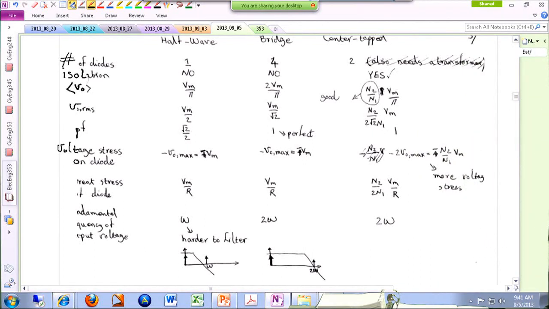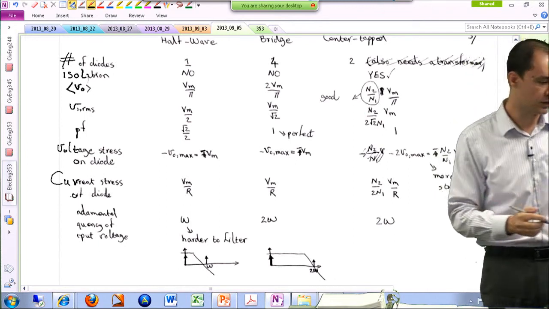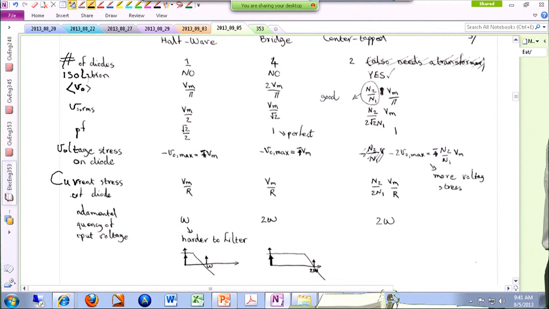Then let's look at the current stress on the diodes. Current stress of the diodes is assumed to be the peak value of the diode current, not the RMS value of the diode current. So this is I diode peak.